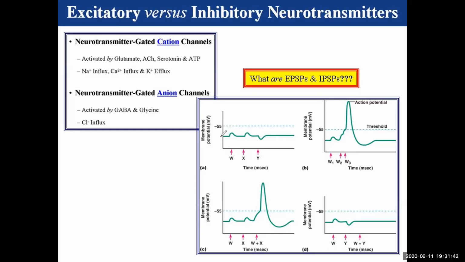This here would be at rest, and that would be minus 70 millivolts, right? So the W signal is a depolarizing signal, the EPSP, because it moves closer. It's less negative, so it's more positive, it moves closer to the threshold. This is also an EPSP.